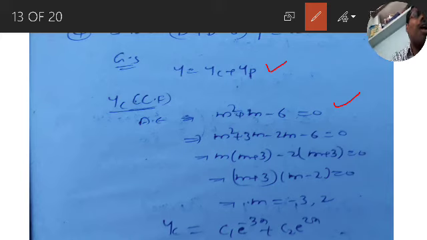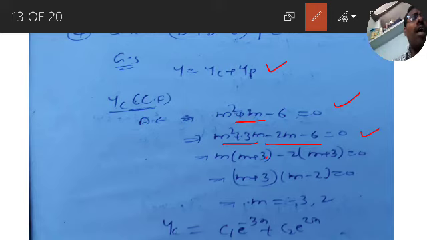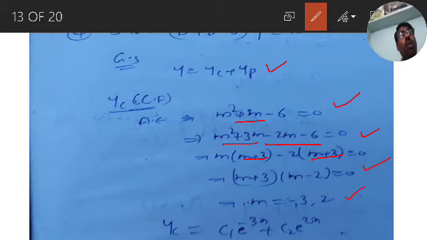Plus m can be written as plus 3m minus 2m. Adding you get plus m and multiplying you get minus 6. From the first two terms take m common, you get m plus 3. From the next two terms take minus 2 common, you get minus 2 into m plus 3. Next take m plus 3 common, you get m plus 3 into m minus 2, and the roots are minus 3, 2.